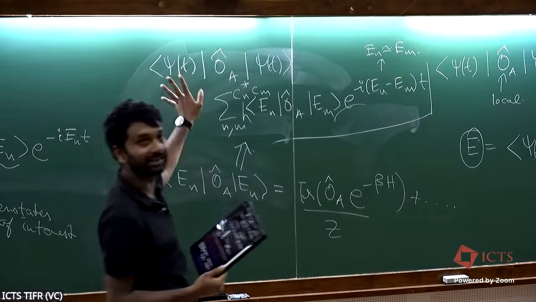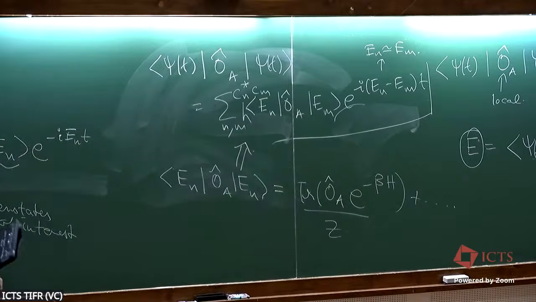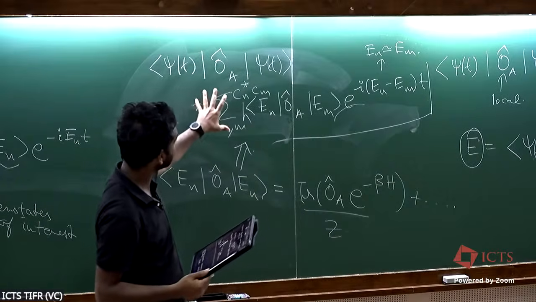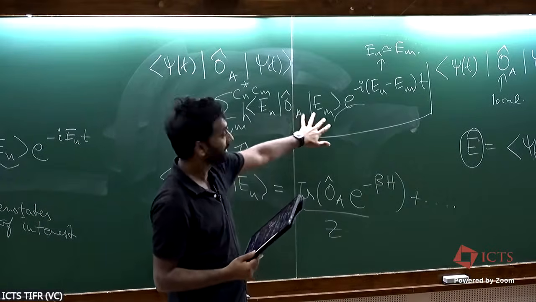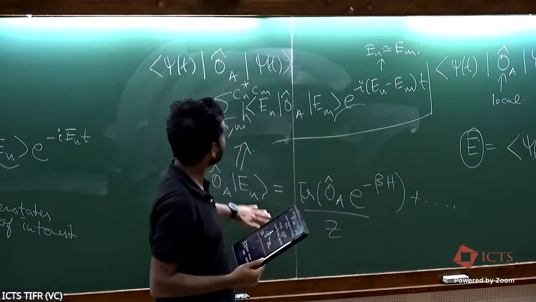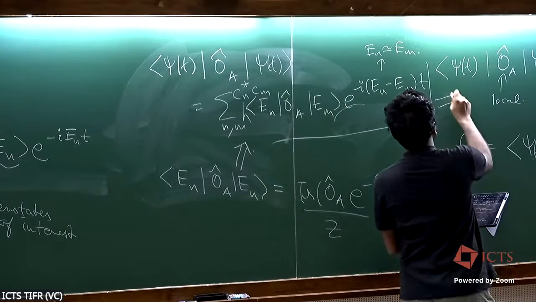For simplicity I'm just doing this, but you can work out a similar argument. Just to motivate this expression, if the diagonal terms satisfy this kind of a condition, then this implication would follow.